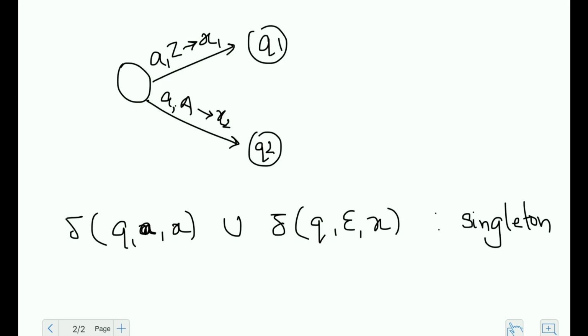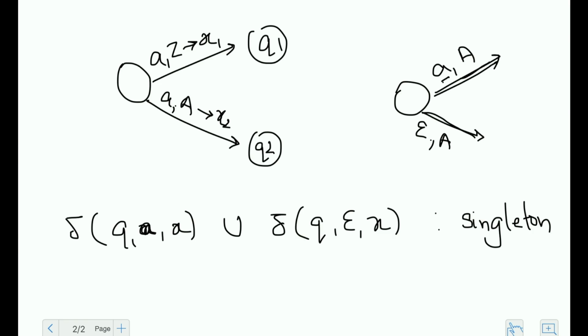So what that means is that from a state, if I have, let's say, something like this, I have a comma A, and I have another transition which is epsilon comma A, then once again I'm going to have a dilemma here when my input is a. Should I take this path right here or should I take the bottom one?